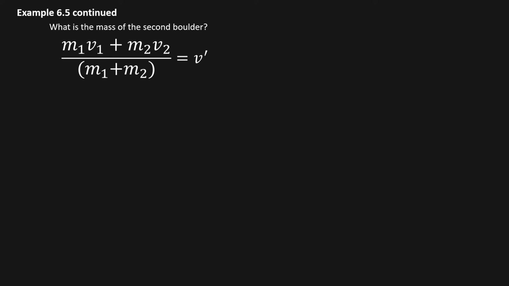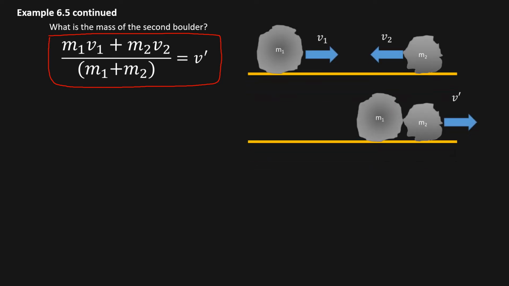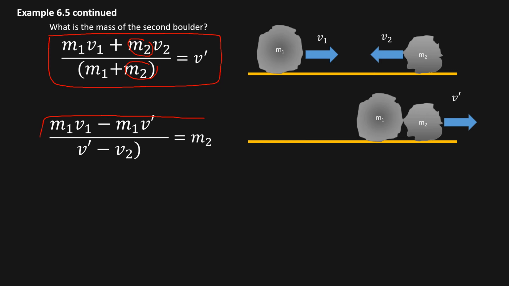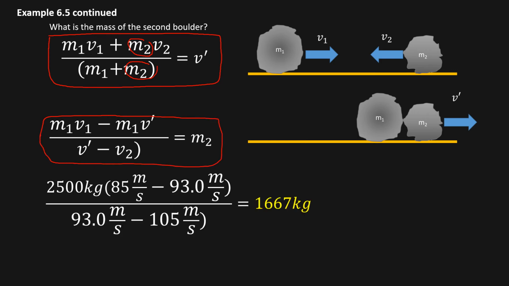Okay, so here is our derived equation, the perfect inelastic equation. What we have to do is solve for M2. We have M2 in the bottom and M2 in the top, and this is our equation that gives us a solution for M2.